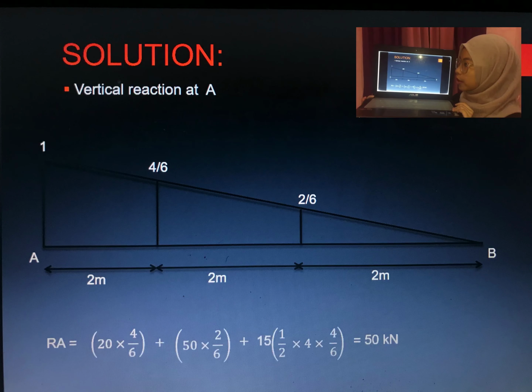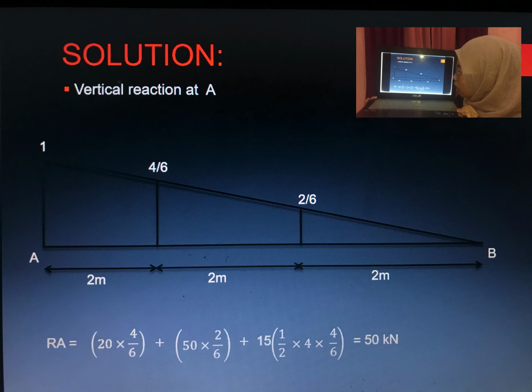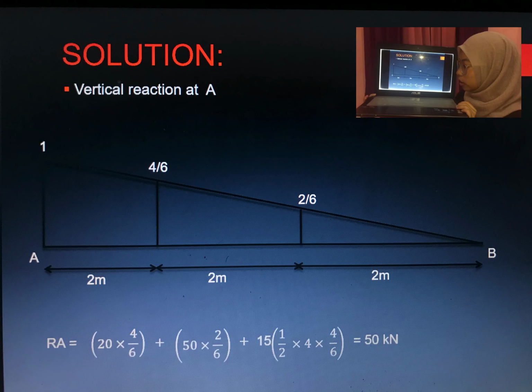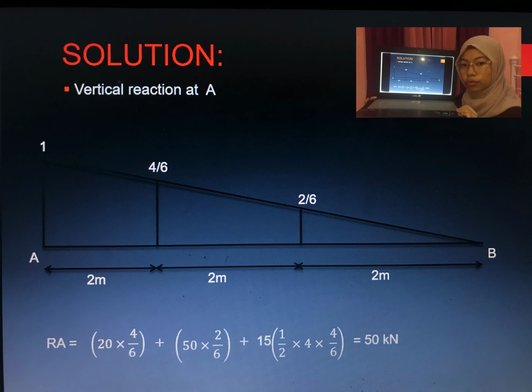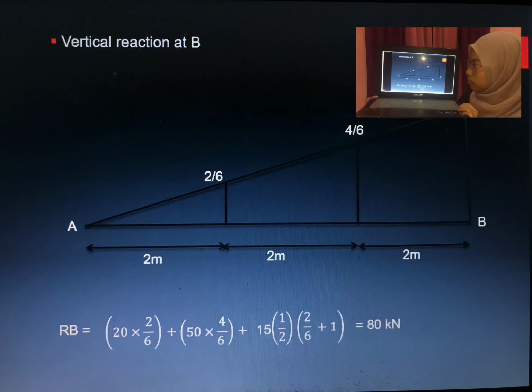The solution: first, we find the vertical reaction at A. Reaction A equals 20 times 4/6 plus 50 times 2/6 plus 15 times 1/2 times 4 times 4/6, equals 15 kilonewton.